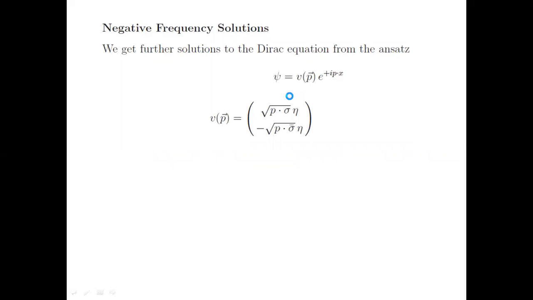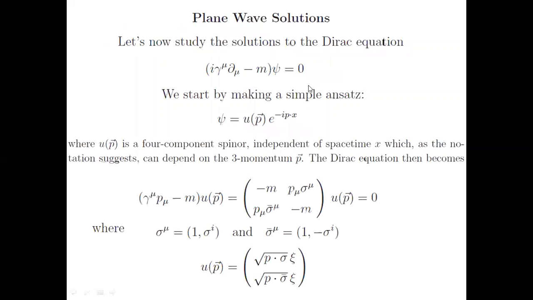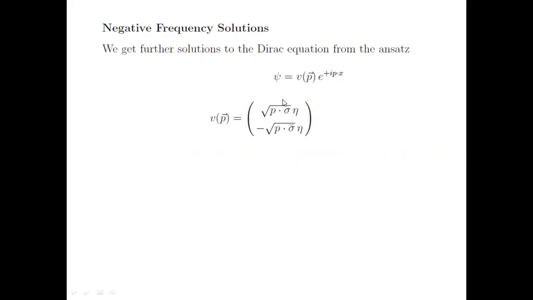Similar to u(p), if we substitute this v(p) into the Dirac equation, we get a solution like this. Now, these eta are also 2-component spinors. Obviously, this is nothing but the positive square root of the eigenvalues of the sigma matrices dotted with p. These are all 4-vectors.